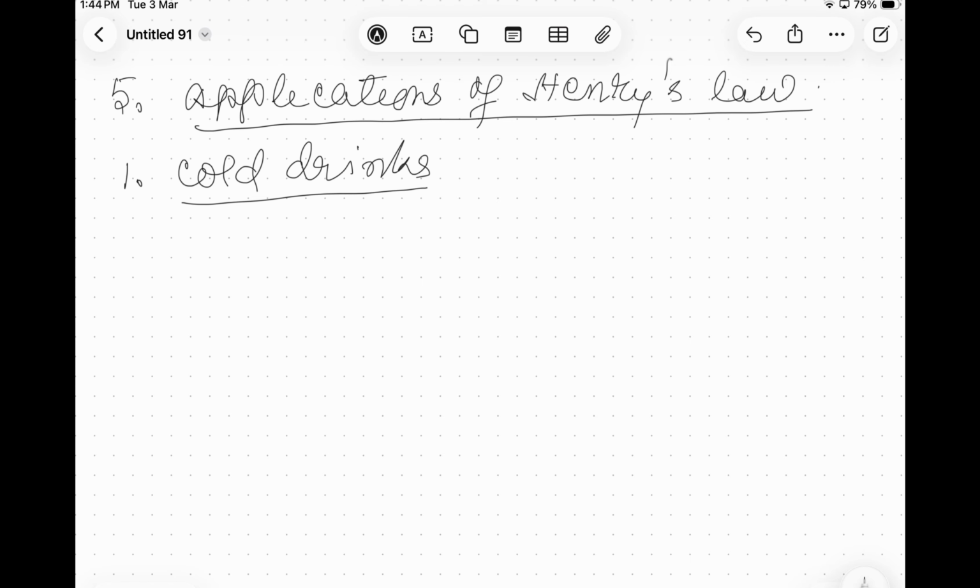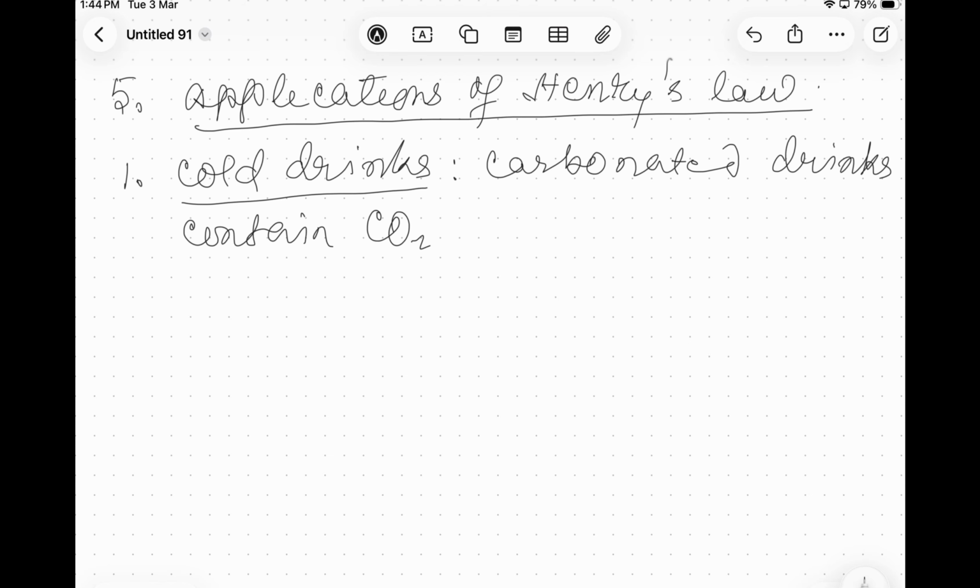Carbonated drinks contain carbon dioxide dissolved under high pressure.